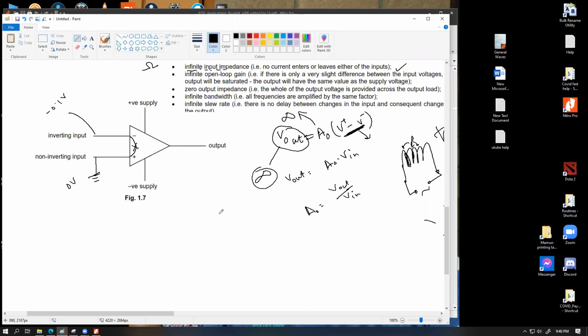But the question is, can the output voltage of a physical device, which is supplied by a limited measurable supply voltage, become infinitely big? That answer is no. Because you cannot get infinite energy out of a measurable amount of provided energy. So this supply cannot give you infinite output. That's not going to happen.